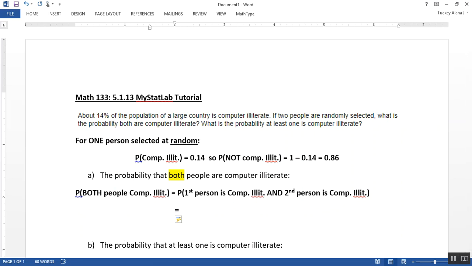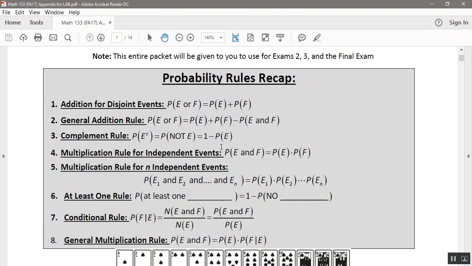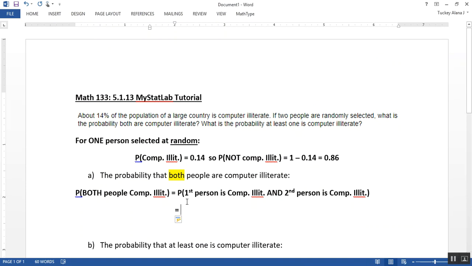So let me go back to our rules list. If I want one thing and another, then that would be the multiplication rule. Now we have 3 different multiplication rules, but at this point we're talking about the multiplication rule for independent events, number 4, because we have two people and whether one person is computer illiterate does not have any effect on the next person as long as the people are random. So this is using rule number 4.